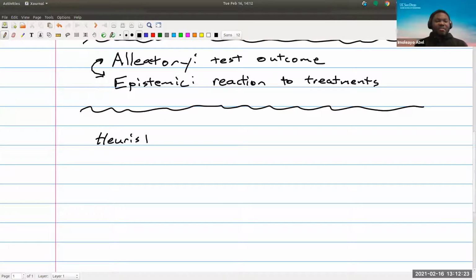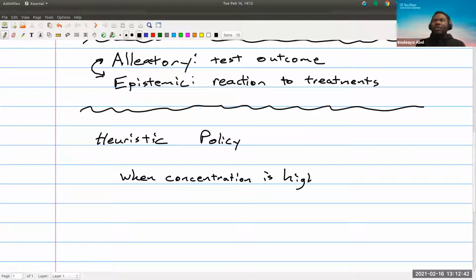In my group, we thought of when we had the concentration thing. When the concentration of the patient's cancer cells is very high, then you use medication B, the one with the high side effect but higher chance of working, contingent on the fact that the side effect is not as bad as the patient being highly infested with cancer.